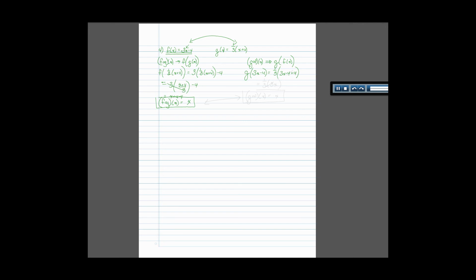Okay? So that is equal to 1/3 times 3x minus 4 plus 4 cancels. Those cross cancel, and g of f of x also just equals x. And because of that, again, you're going to see what those functions are and how they are related to each other. So kind of remember this when we get to the next section.